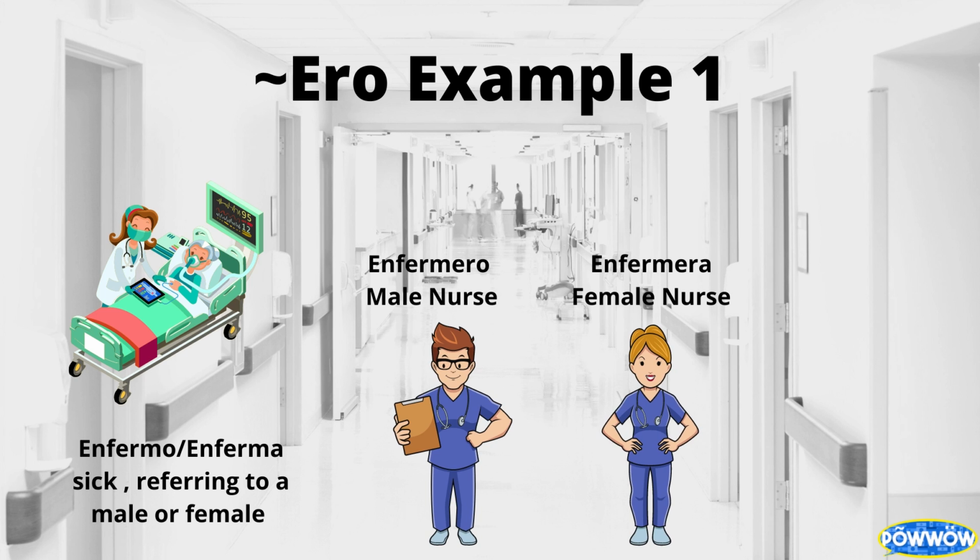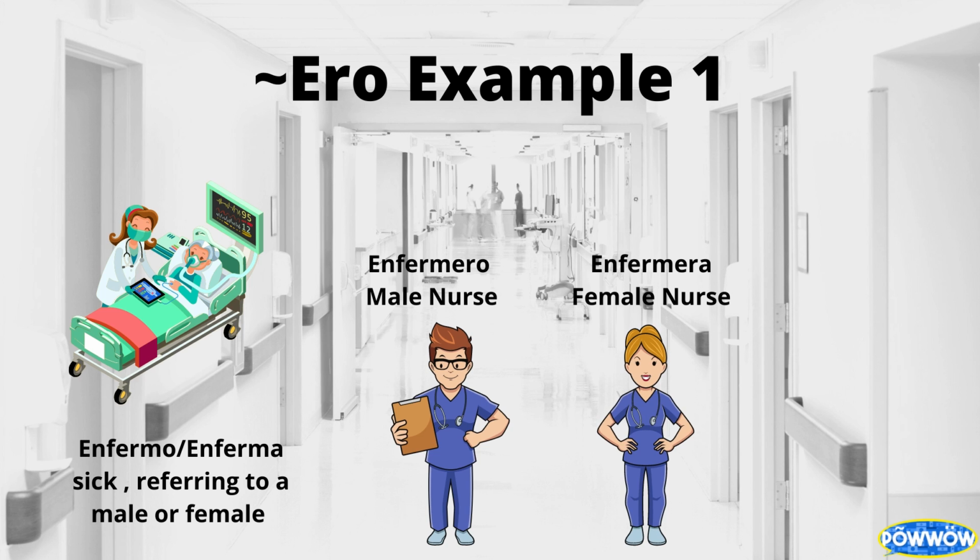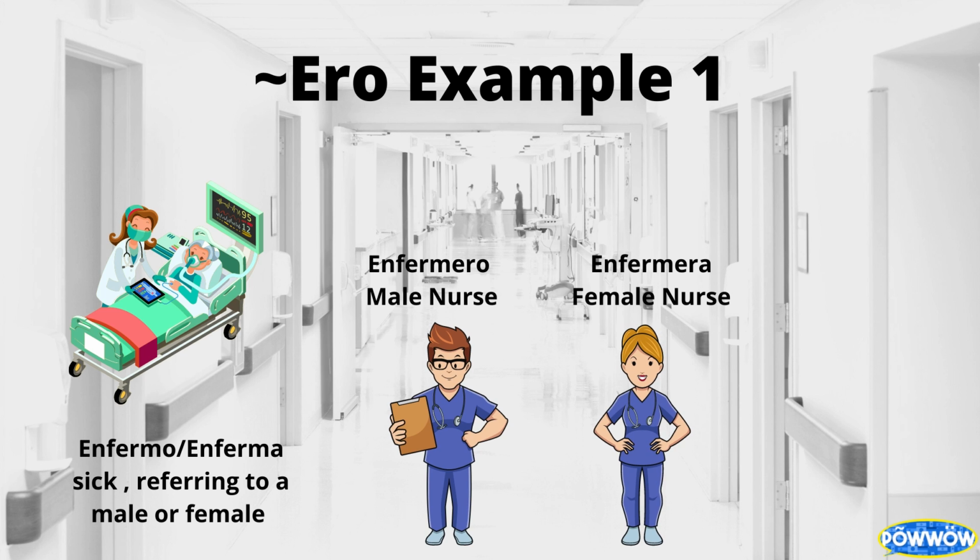And this word is an adjective, and it can be masculine or feminine depending on the gender of the person to whom you're referring. So in this particular case, we have enfermo or enferma. As you can see here, there is a patient here and she's sick. And then we have enfermero and enfermera, which refers to a male nurse or a female nurse.